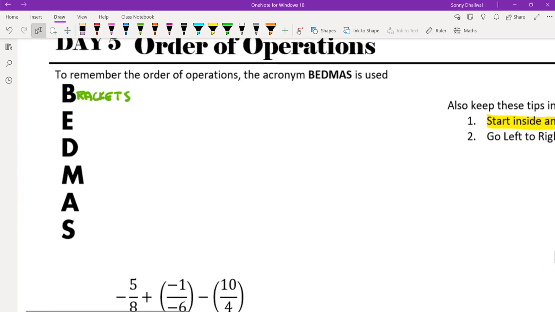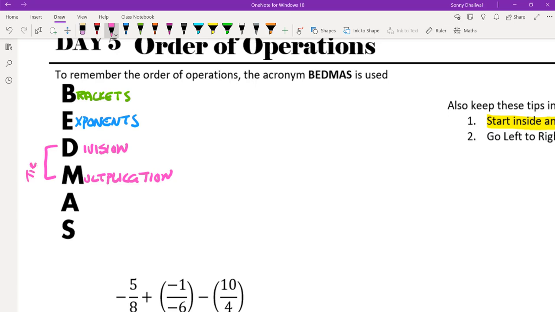I won't be putting too many exponents in here, but if there are exponents, that is the next thing you should be aiming for. Then, a reminder that D is division and M is multiplication, and these are tied steps. Division doesn't necessarily come before multiplication or the other way around.